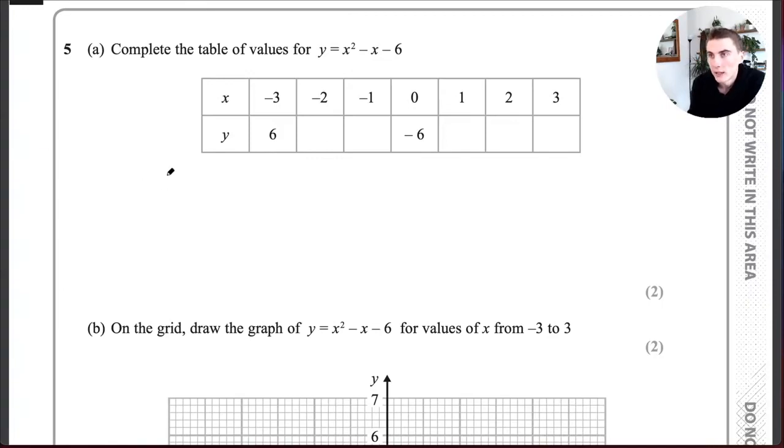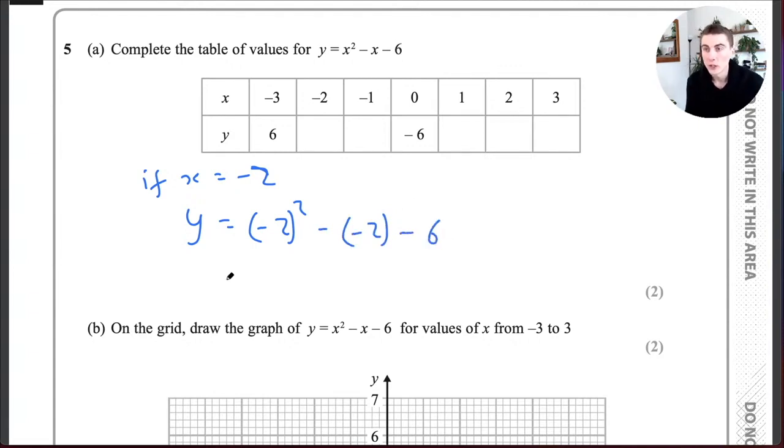So let's say that we'll do minus 2 first. So if x equals minus 2, then y will equal, instead of x here, I have minus 2 that's being squared. And instead of take away x, I'm going to take away negative 2. And I'm going to take away this 6.